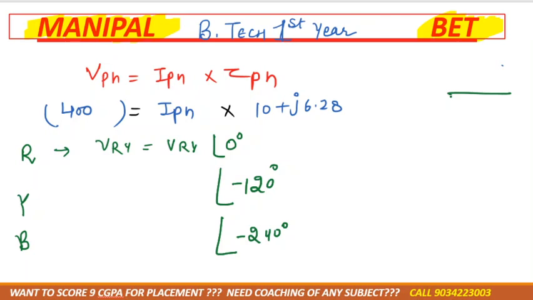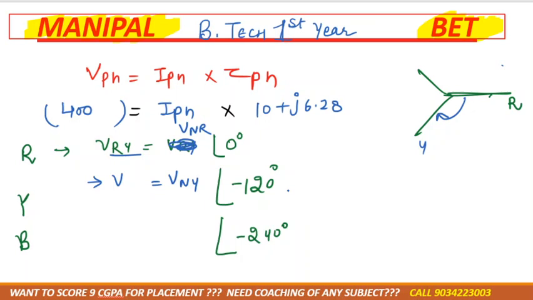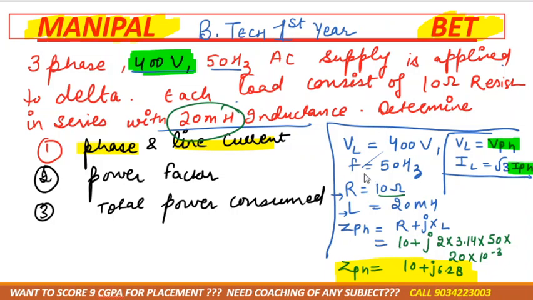Remember I told you the sequence. If I take it in reference with R, then VRY is 0 degree. If I take it in terms of Y, VNR is this one, and VNY is minus 120, and VNB is minus 240. Write it down.